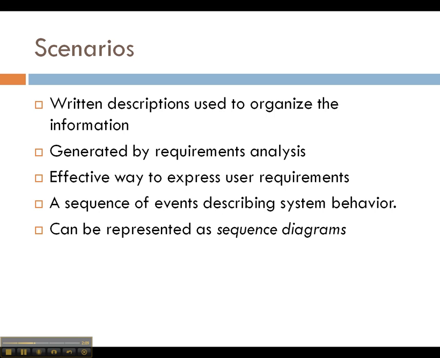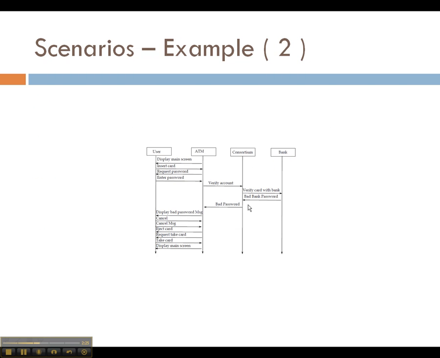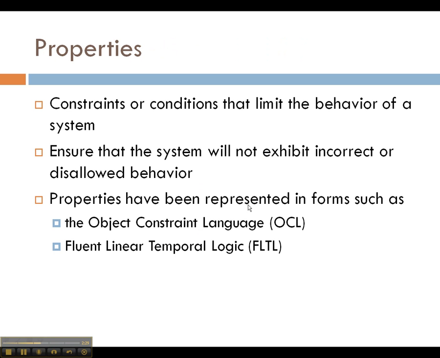To express the user requirements using scenarios, we describe them as a sequence of events that describe the behavior of the system, usually represented as sequence diagrams. This is a textual representation of the scenario, and this is a sequence diagram.